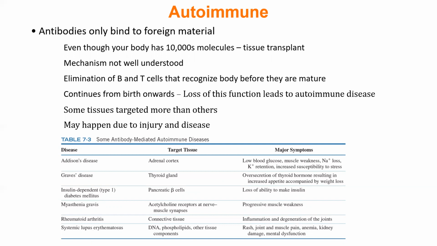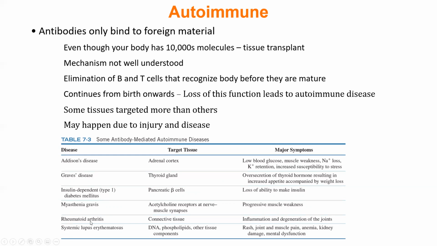But not always. And so if you make an antibody that attacks yourself, you have just inherited an autoimmune disease. A lot of times these show up after an injury or disease. And so here's a bunch of them.